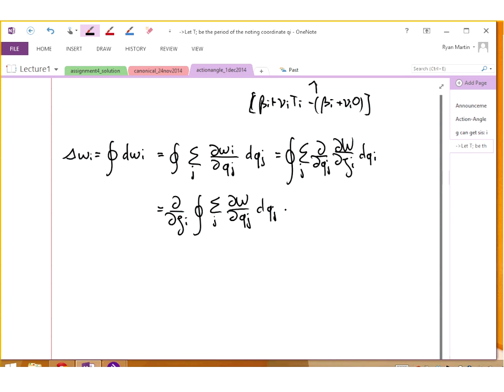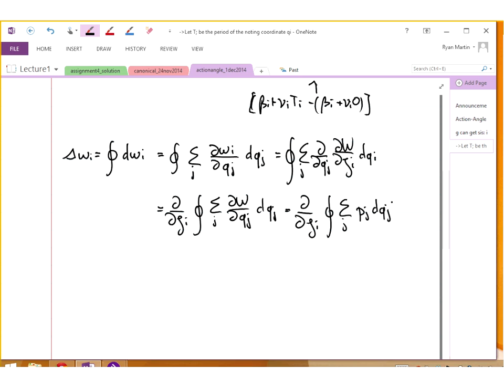Now, the properties of canonical transformation: di capital W by dQj is Pj, lowercase pj. So I can write this as di by di Ji outside of the integral sign. And then I have the sum over j.